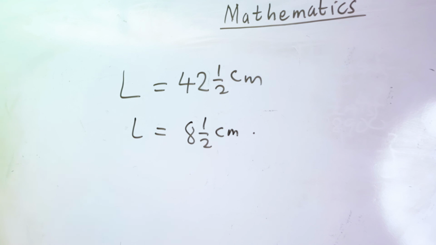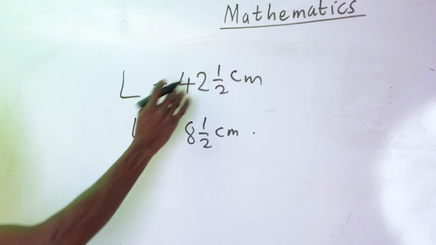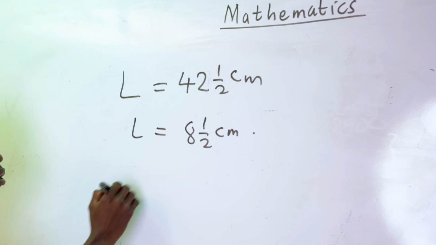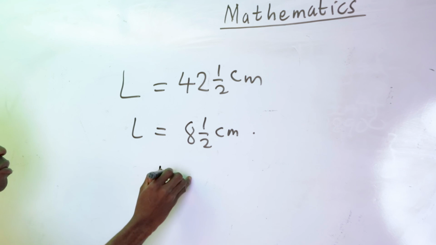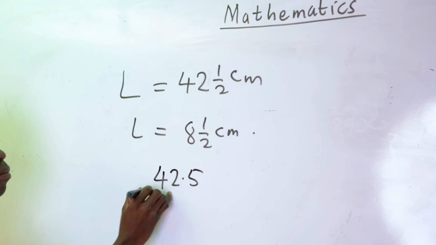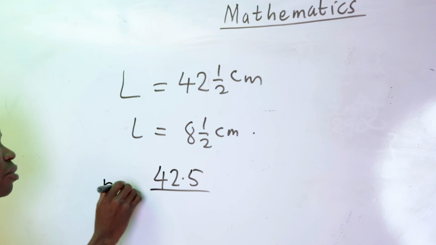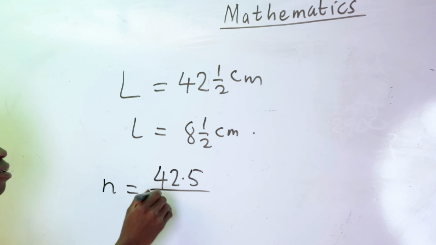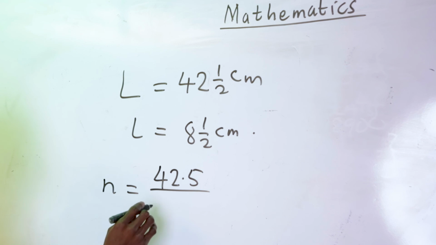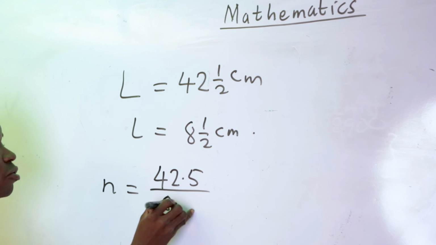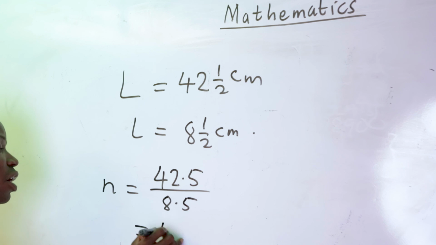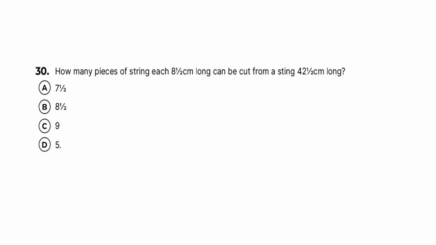To obtain the number of pieces of string that could be obtained, we divide the entire length by the length of each piece, which is 42.5 over 8.5, and that gives us 5 pieces, which is option D from the question.